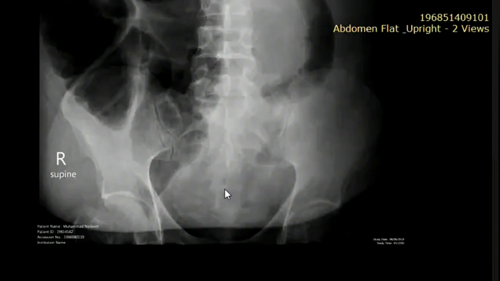Ma'am, these are my findings, and further workup with CT scan abdomen with oral negative contrast is suggested. Do you expect bowel to reach here?